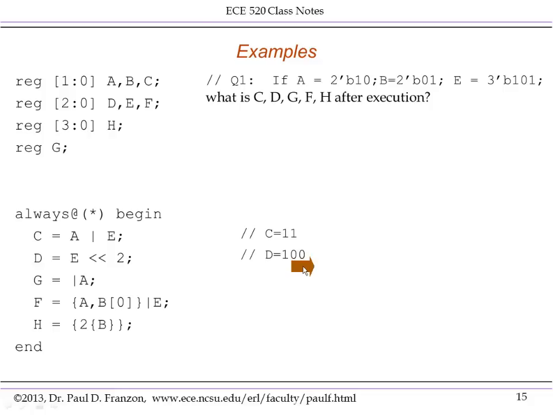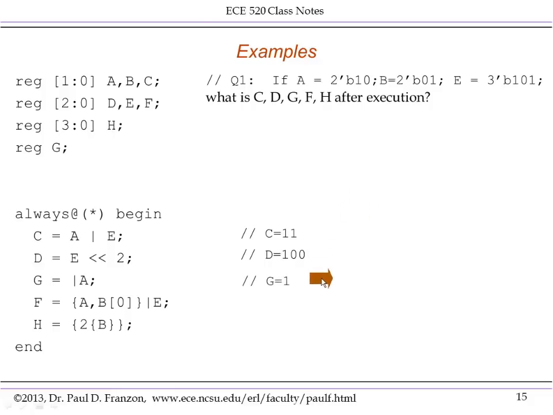D is equal to E shift left 2. 1, 0, 1, shifted left 2, 0 filled, will be 1, 0, 0. D is 3 bits wide, so we get 1, 0, 0.